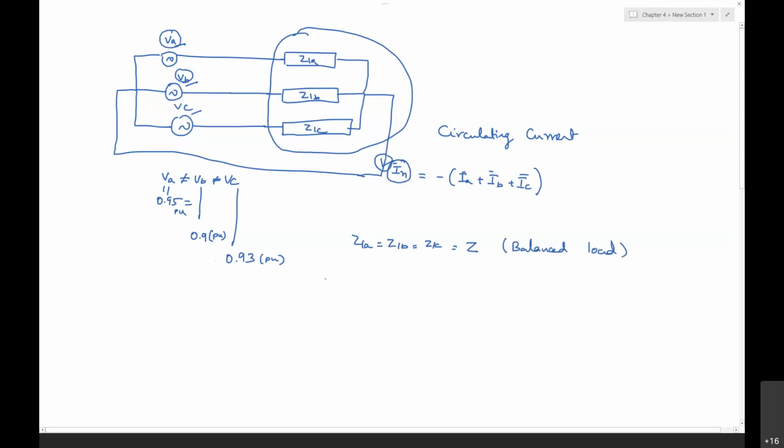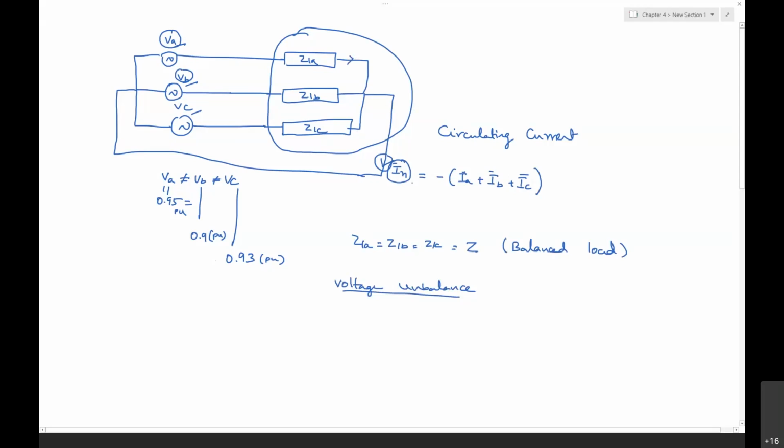Here, what I'm explaining is the effect of voltage unbalance in a system. If we have the voltage unbalance and I connect a balanced load in a three-phase system, the currents flowing, IA, IB and IC, are not balanced because of the voltage unbalance.